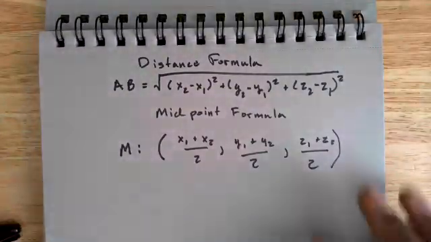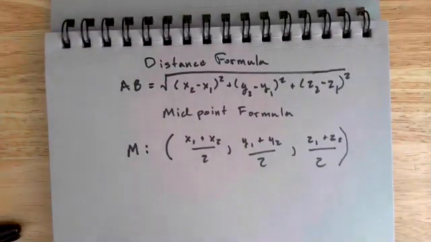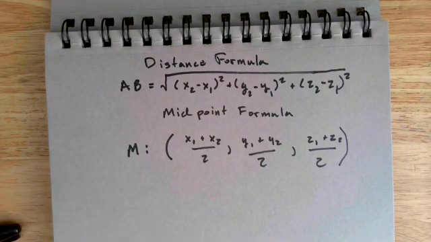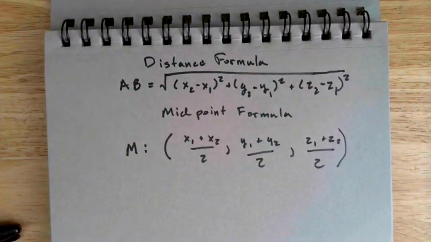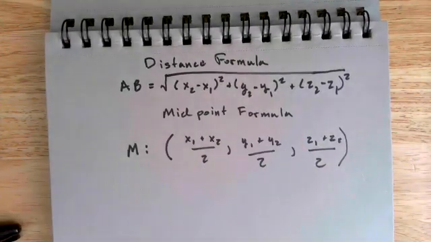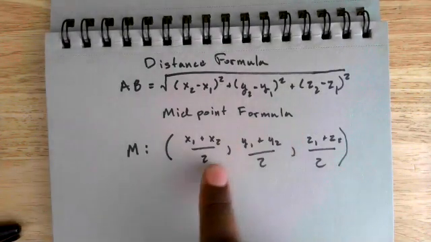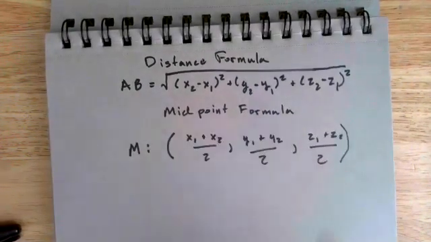All right, just like in 2 dimensions, we have distance between 2 points. And the distance formula is basically the exact same as the distance formula in 2 dimensions, except the only thing that's different is now that we've got this z part to it, right? All right, the other thing is we look at the midpoint formula, the exact same thing as in 2 dimensions, only we just got to deal with now this z dimension, okay?